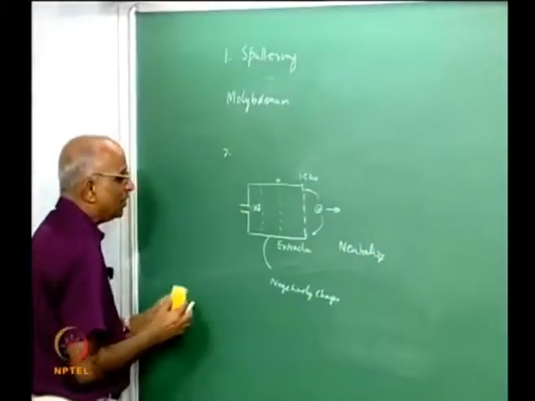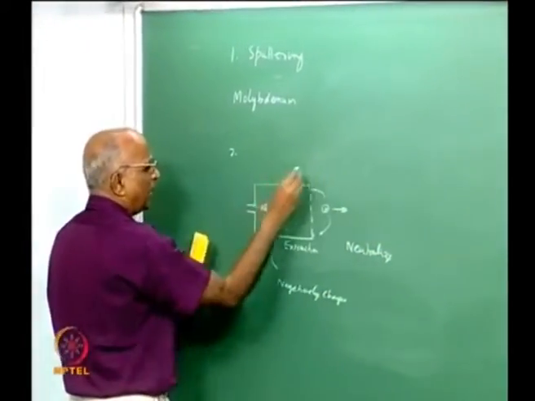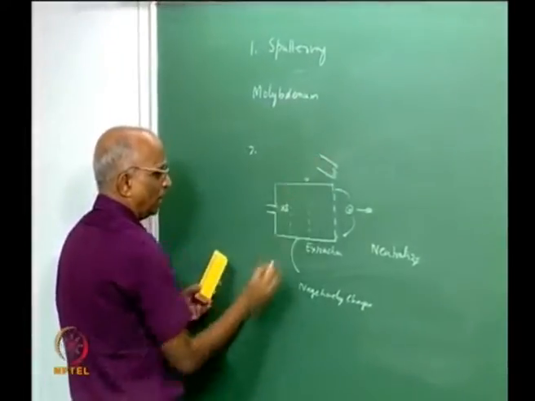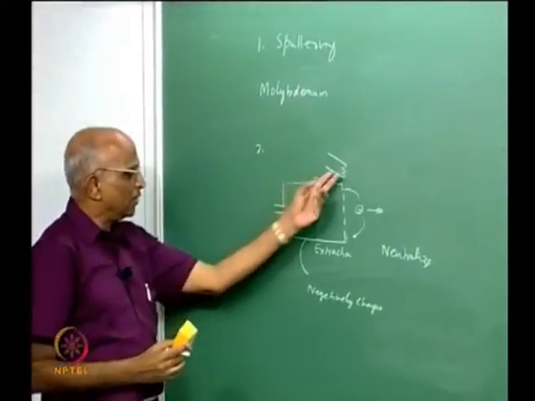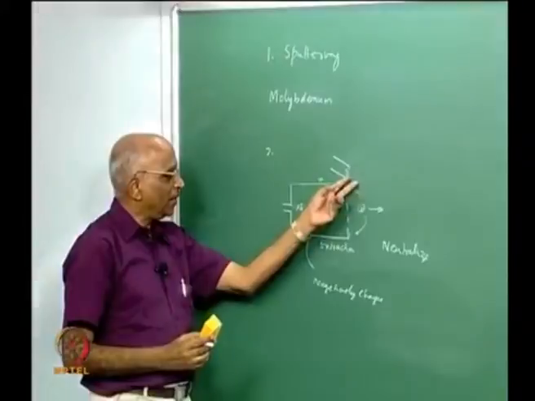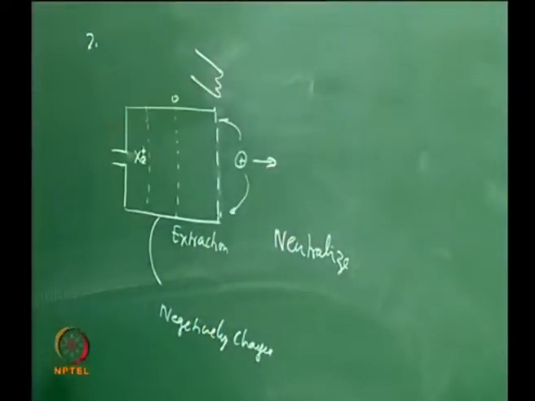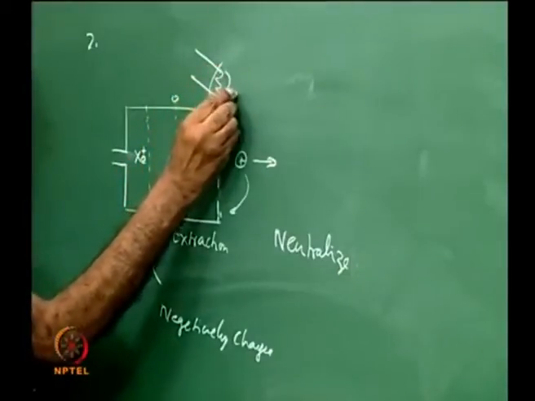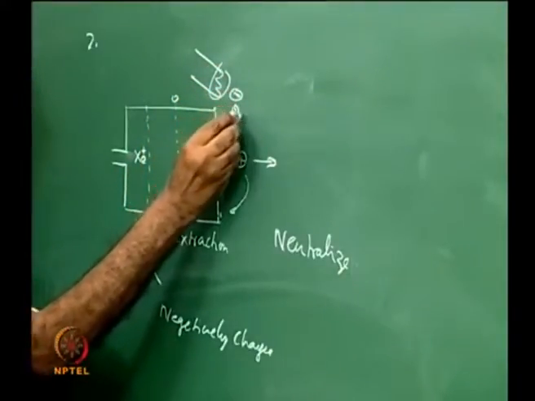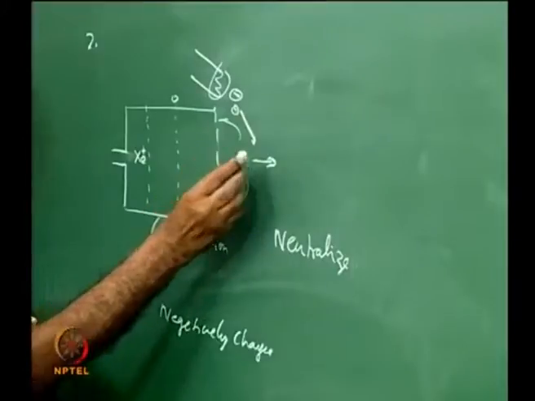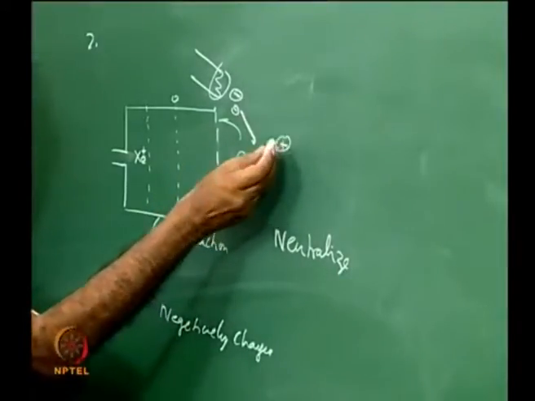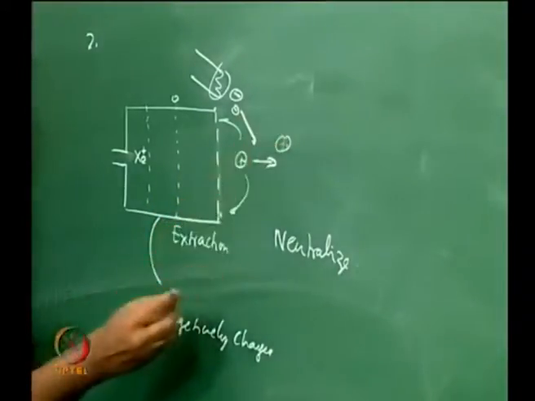And how do I neutralize the charge? All I do is I put another cathode, which is something that generates negative charges, which means I put some thermionic emitter over here, and I generate negative charges, put them into this such that it will hit this, and what comes out is neutral charges, not positive charges but neutral.